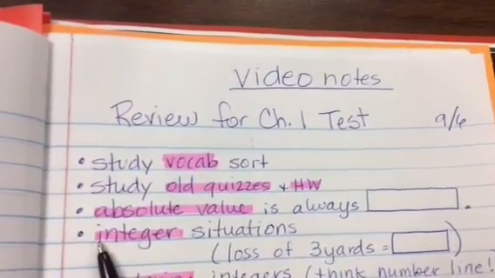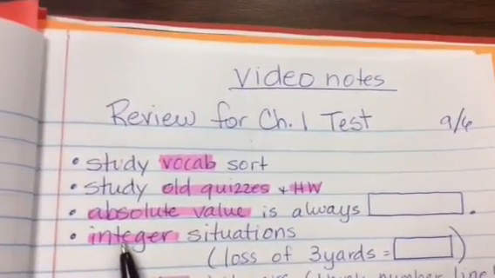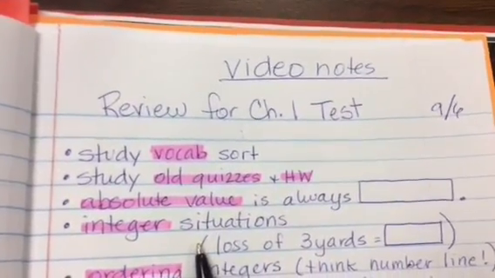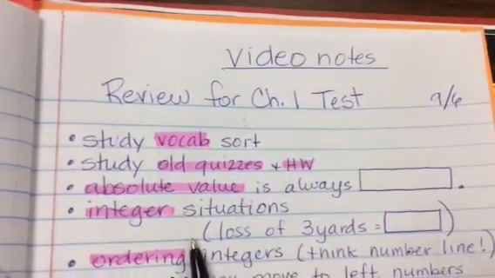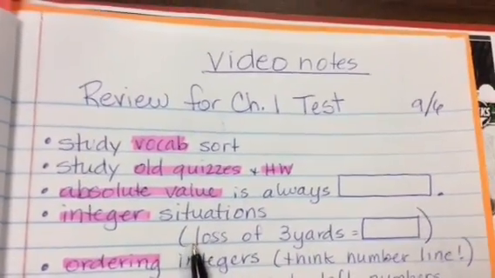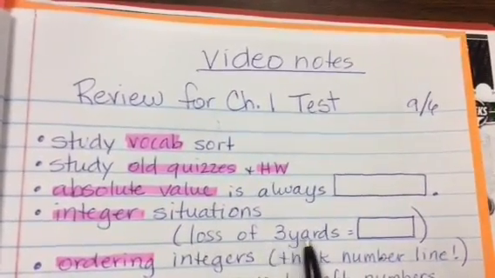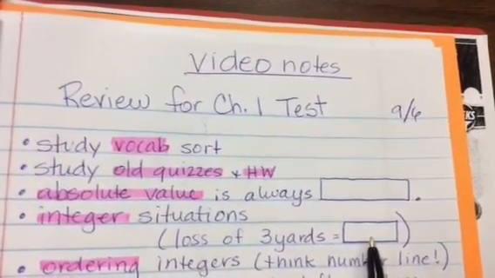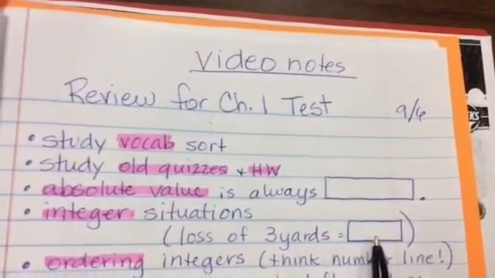You're also going to have several questions on integer situations. This is when we did the 6th grade rocks activity and the We Are Awesome activity that we did in class. So, for example, a loss of 3 yards would be, what integer would that be? That would be -3.